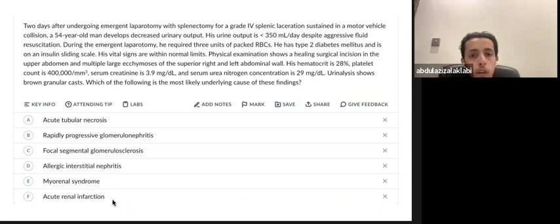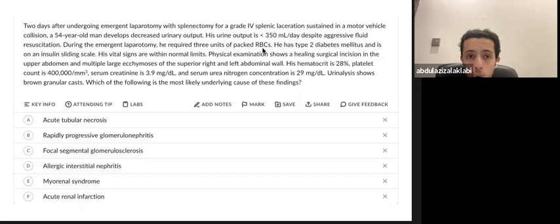However, in this case, the patient did not have any of those findings. He didn't have congestive heart failure, nor an ultrasound showing a renal infarct, or pain. Acute renal infarct will have back pain. So none of the symptoms shown in the question are associated with F, acute renal infarction. However, we can see in this patient that he required 3 units of RBCs.